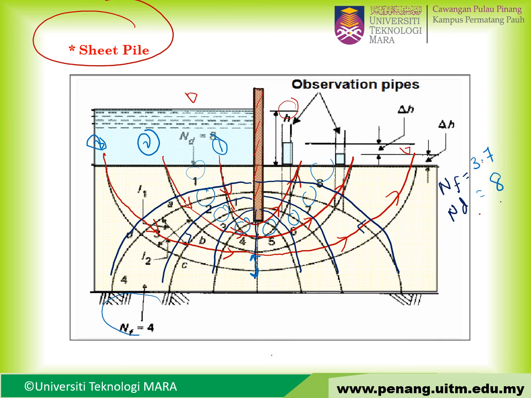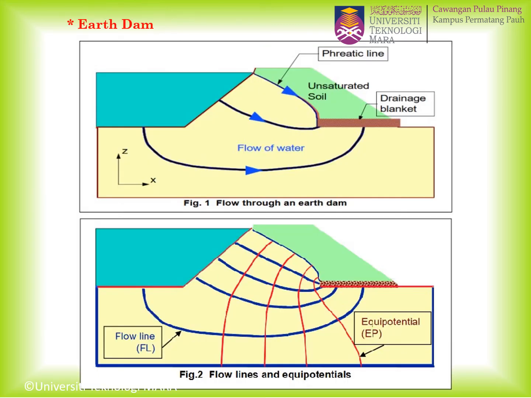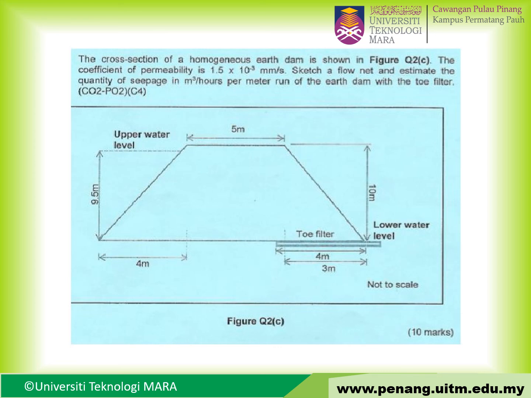And then you have to calculate. For example, here they say that NF is 4. For me it's maybe 3.7, 3.8, something like that. This is flow of water through soil for an earth dam. This one is an earth dam with a filter.